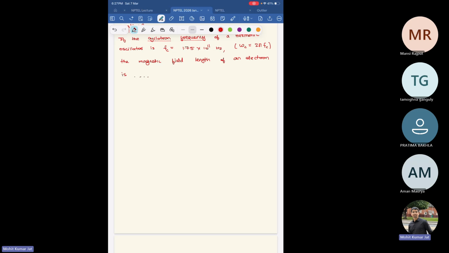So let me start by writing the term of the magnetic length, and then take the steps forward to calculate the magnetic length for the given frequency and the electrons. Answer: so magnetic length is generally represented by Lb.